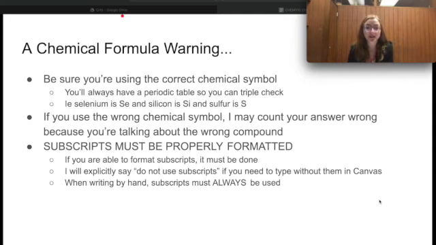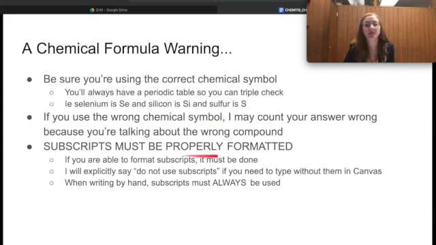If you get those mixed up, I don't know what you mean. I'm not going to be able to assume you meant the other chemical formula. You're probably not going to get your answer right, okay? Keep in mind, if you use the wrong chemical symbol, you're talking about the wrong chemical. So I may count your answer wrong because you're talking about the wrong compound.